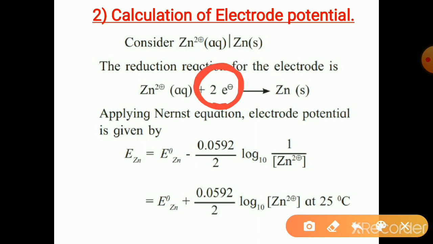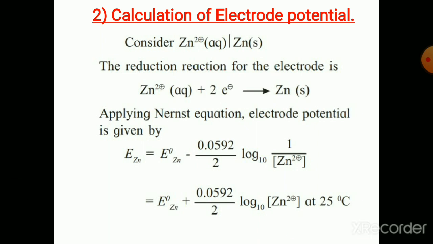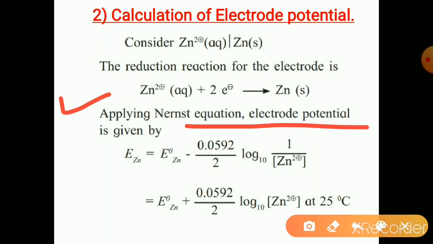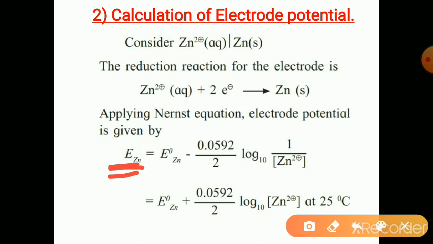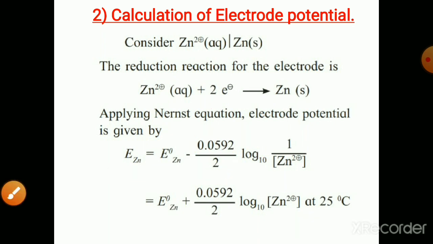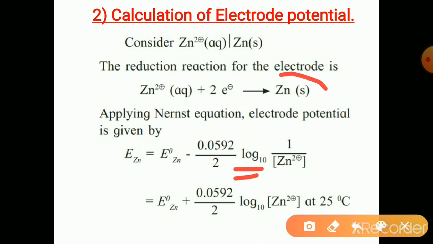The number of electrons involved is 2, so n is equal to 2. Applying the Nernst equation, we get E of Zn, that is the electrode potential of zinc in the non-standard electrochemical condition, equal to E naught, the standard electrode potential of zinc, minus 0.0592 over n, where n is 2, times log of 1 divided by the concentration of zinc ions, as the concentration of solids is taken as unity.